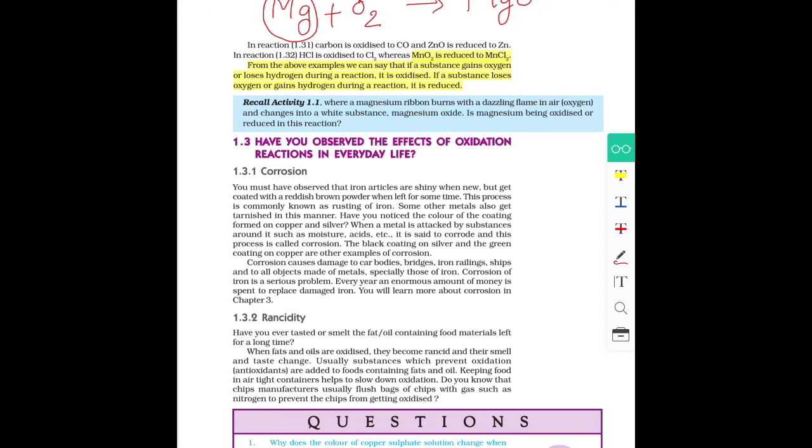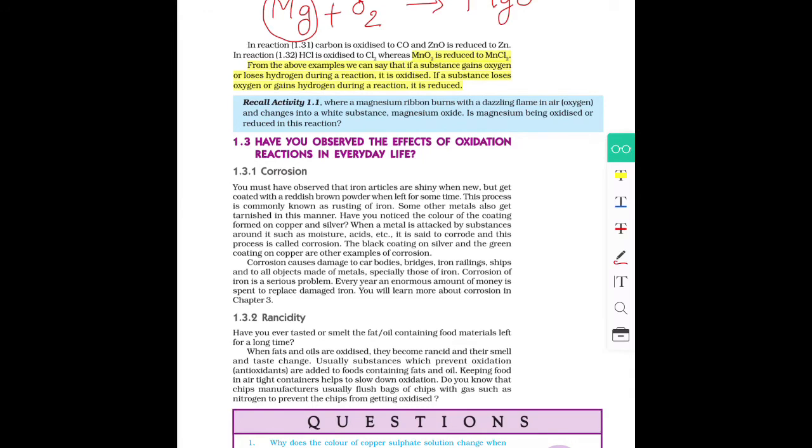This process is commonly known as rusting of iron. Other metals also get tarnished in this manner. Have you noticed the color of the coating formed on copper and silver?